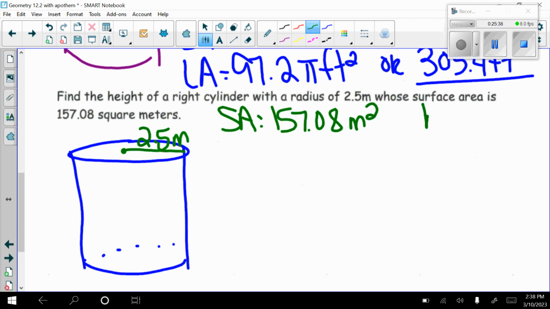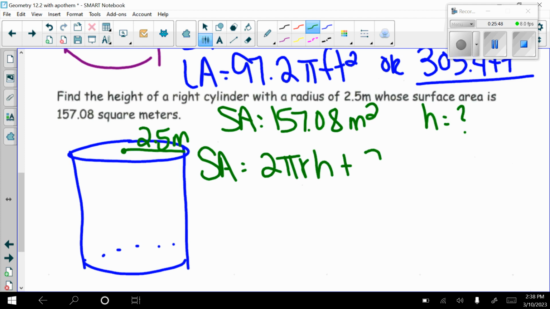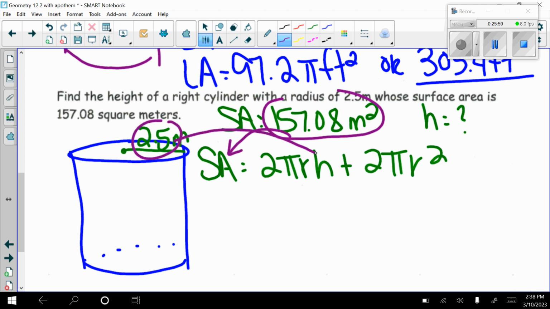We are looking for the height. So all we have to do is write out the formula. The surface area formula says 2 pi r h plus 2 pi r squared. I'm going to substitute, plug in for my radius, and then I'm solving for h.